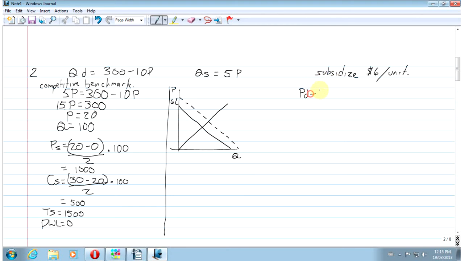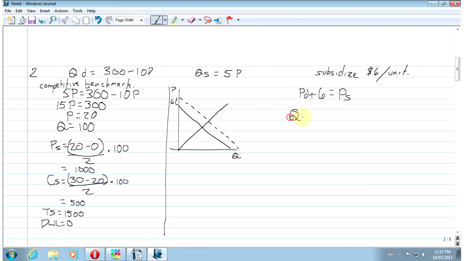So PD minus 6 plus 6 is going to equal PS. Okay, and now I want to plug this equation into my demand equation.